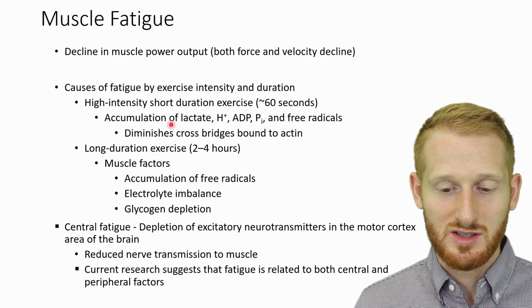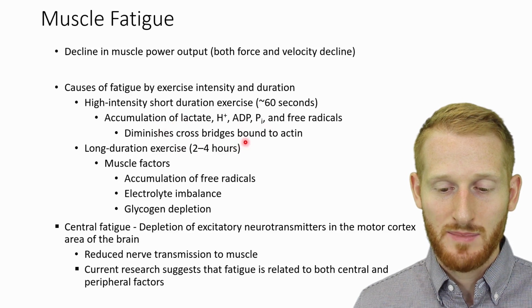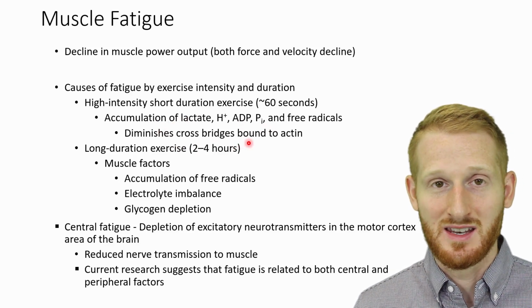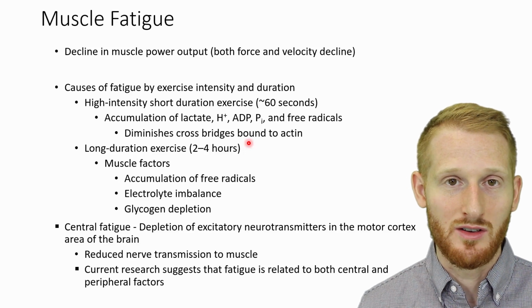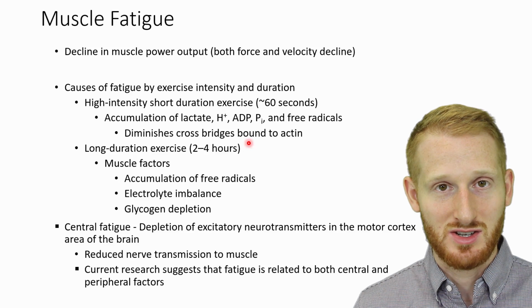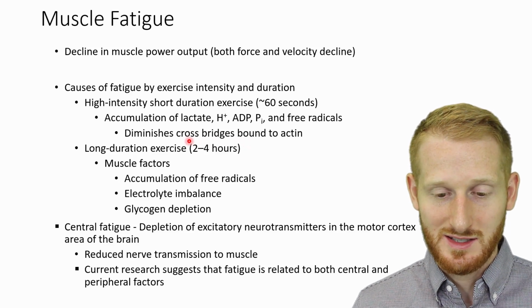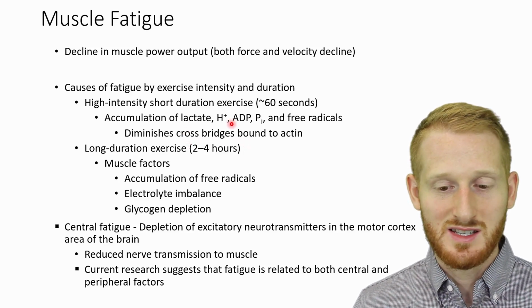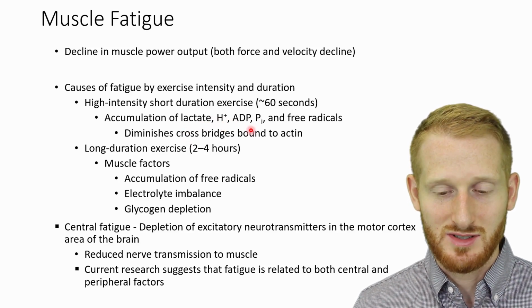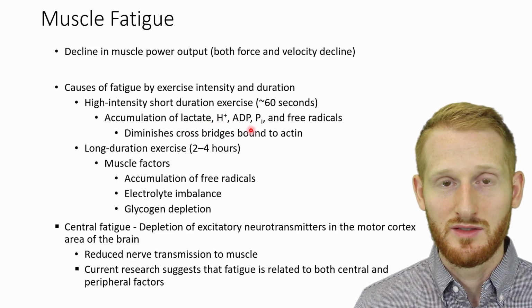And all of these are essentially going to get in the way of the myofilaments, the actin and the myosin, and their ability to grab onto each other and pull. We'll talk more about those in the next section of this lecture. So again, under 60 seconds, mostly an accumulation of byproducts of intense exercise that are going to cause the fatigue.